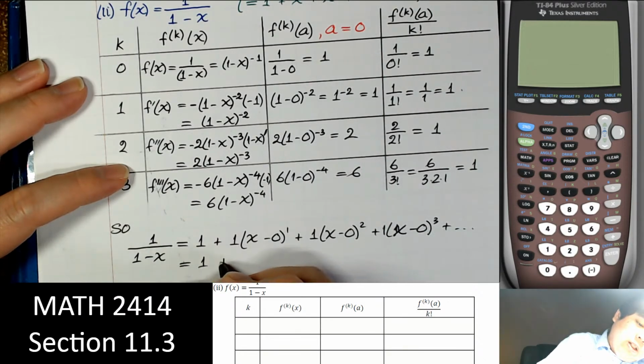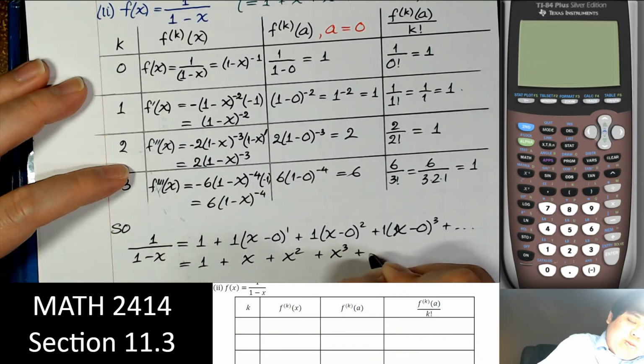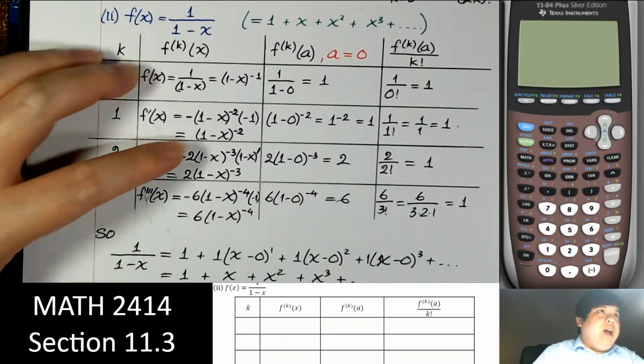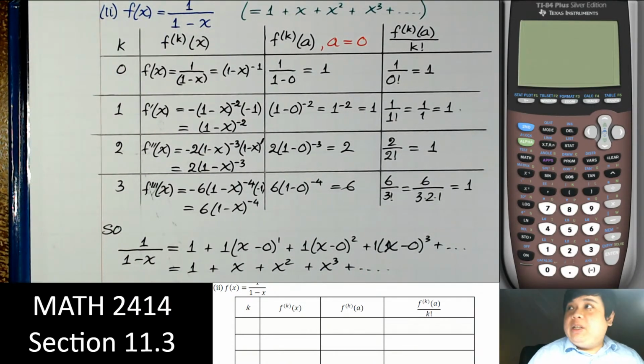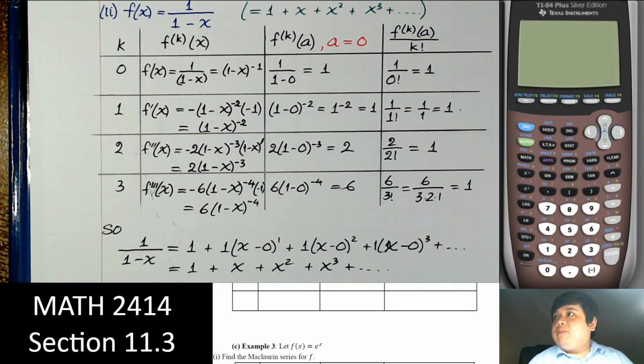So 1 plus x squared plus x cubed, which is exactly what we had for the geometric series earlier.